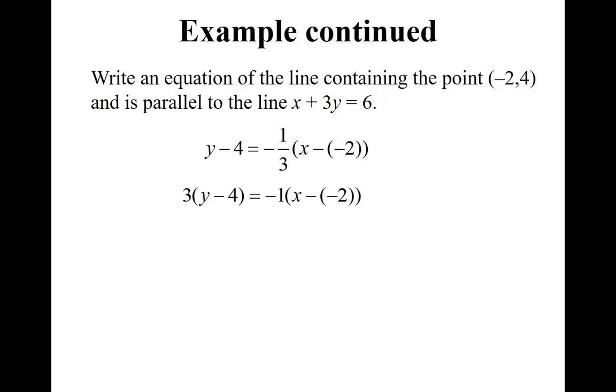Simplify on the right: -1 times x plus 2 would be -x minus 2 on the right. We want to be in slope-intercept form, so solve for y. Add 12 to both sides. -2 plus 12 is +10. 3y equals -x plus 10. Finally, divide both sides by 3. y equals -1/3 x plus 10/3.